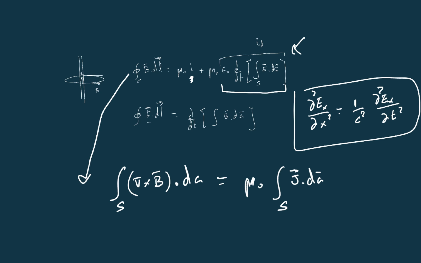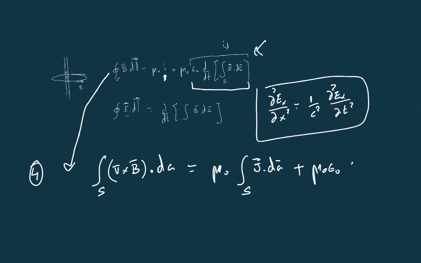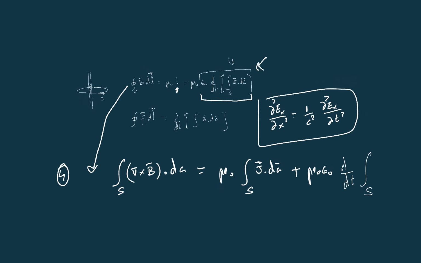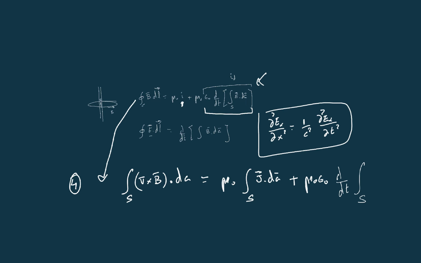So the fourth law of Maxwell equations says that the line integral that we have converted into a surface integral will be mu sub 0 times J plus mu sub 0 times epsilon sub 0 times the derivative with respect to time of the integral over an open surface of the vector E scalar dA.